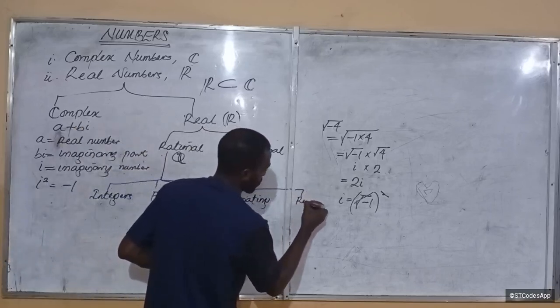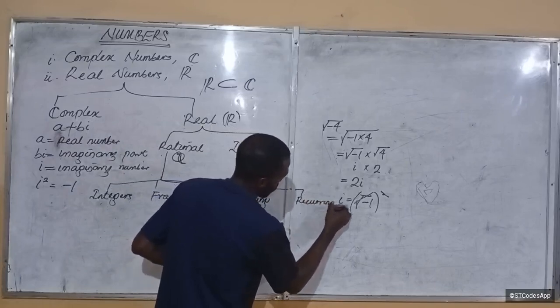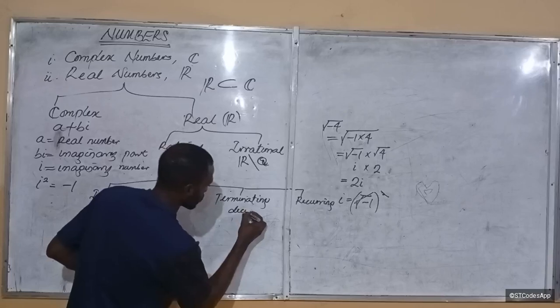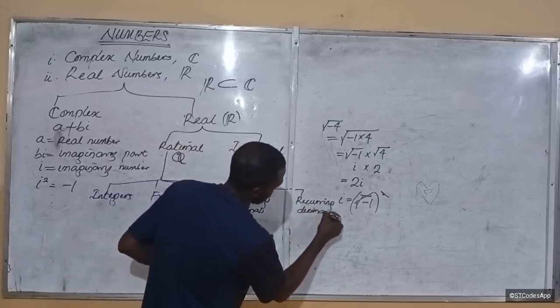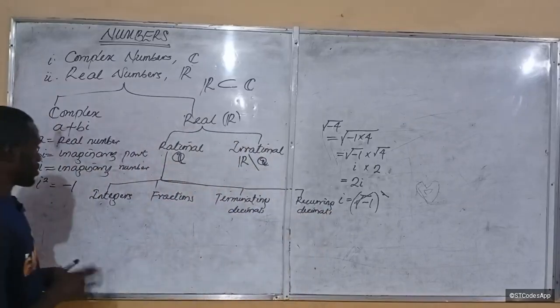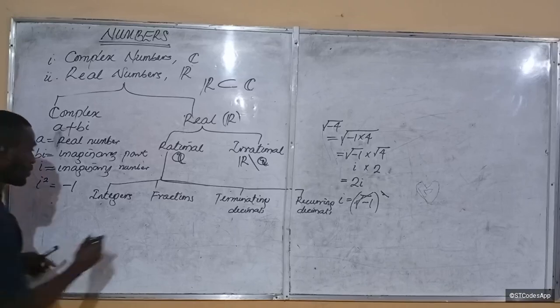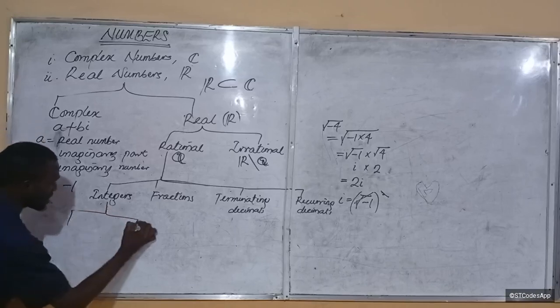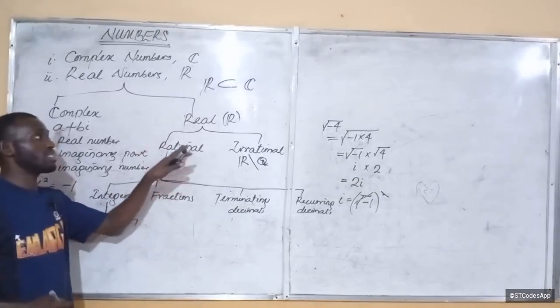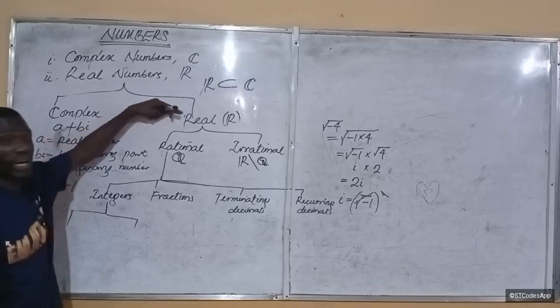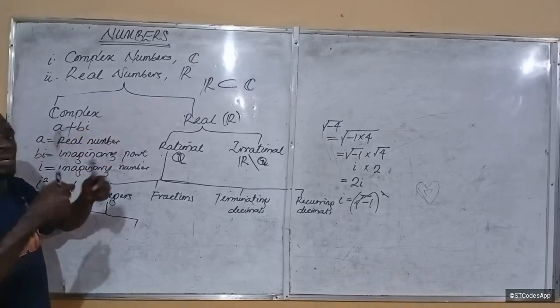That's another group. So we have this group under rational number. Rational numbers are real numbers that can be represented on the number line.